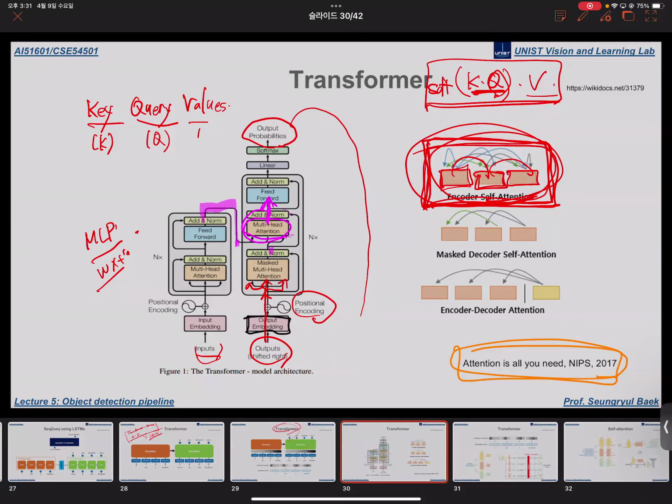So some of the information contained in the feature vector coming from the encoder is combined with the input to the decoder in this attention mechanism, okay? Then they apply a feed-forward layer subsequently and map it to the output.